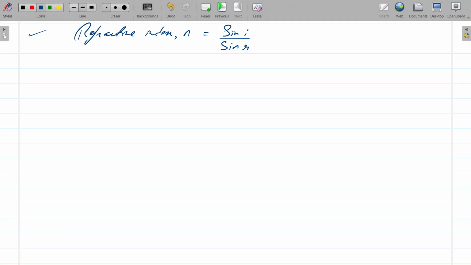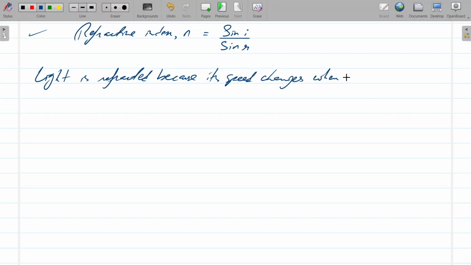Now, what is this all about? This is because light is bending, because the speed of light is changing when it's moving through different media. So light is refracted because its speed changes when moving through different media.